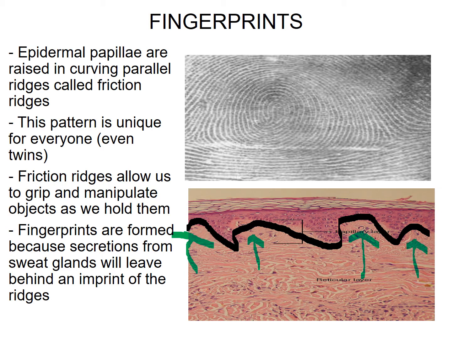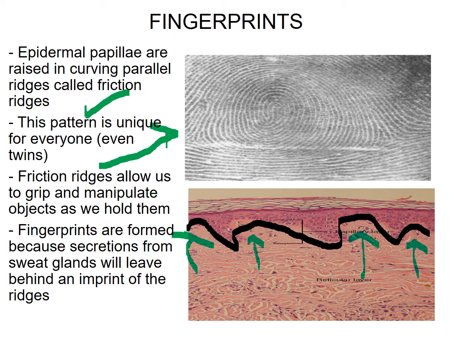And that constant curving of the papillae is what causes these ridges or these lines everywhere called friction ridges. And this is what's responsible for your fingerprints. And as you can see, everybody has a unique fingerprint because, look at the picture, there's just thousands and thousands of these tiny lines and they're all oriented a little differently.